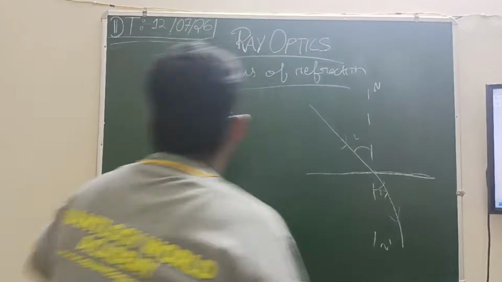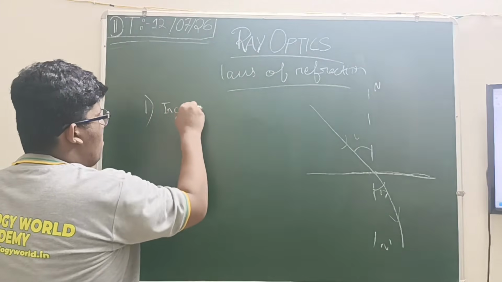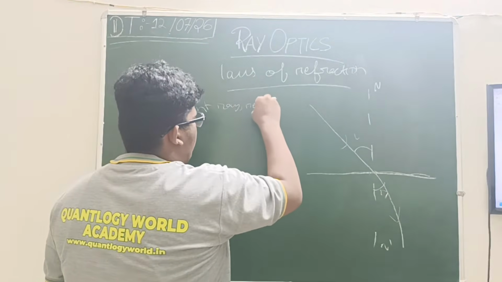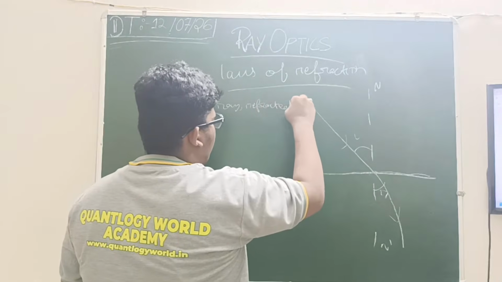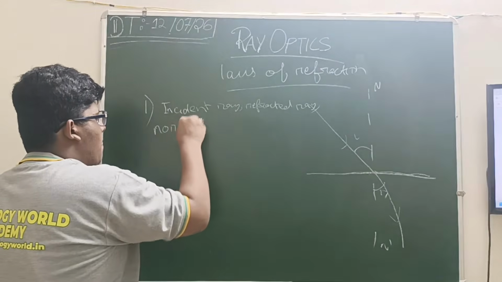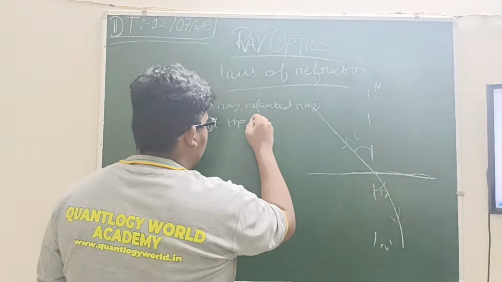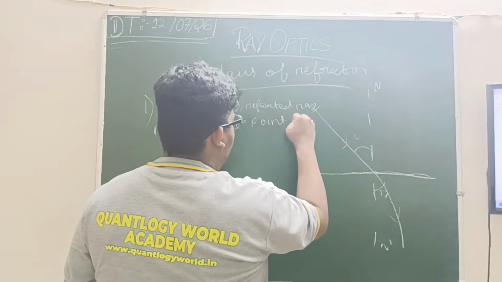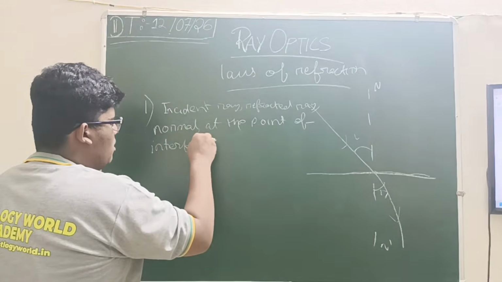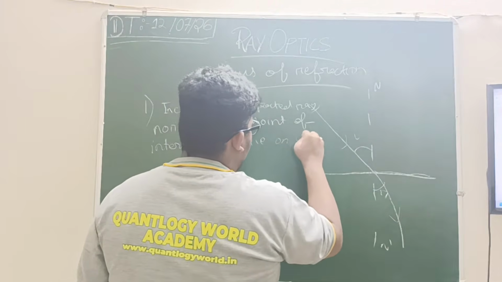Let's write it. Incident ray, refracted ray, normal at the point of interface, all lie on same plane.